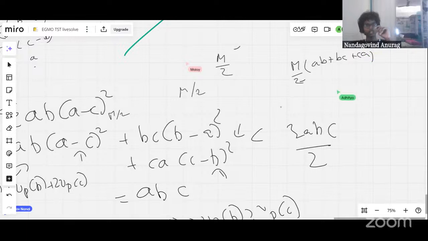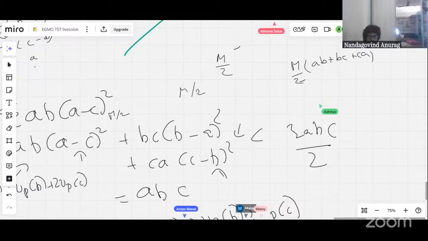Optimally, you would want A and B to be close to each other, and then C to be really far apart, almost M plus root M by 2, is what we'd probably want to argue.